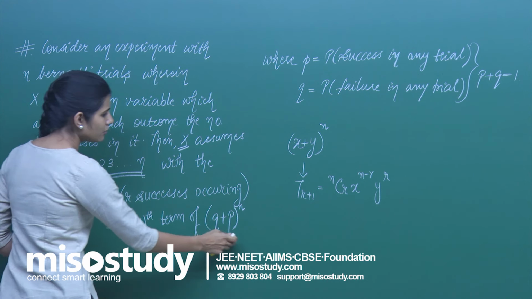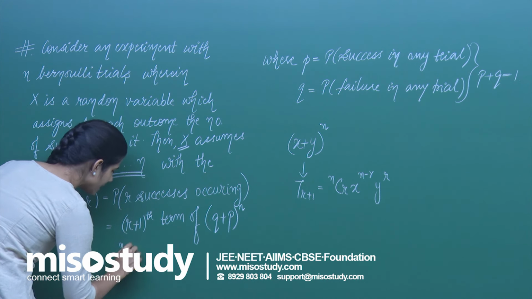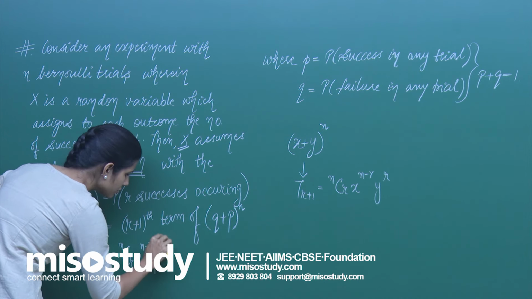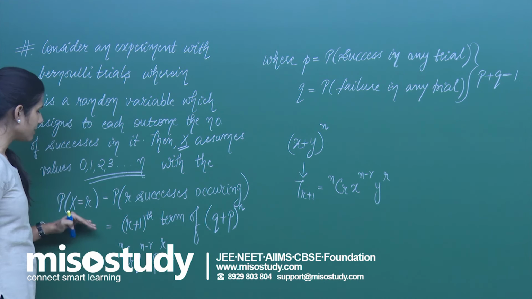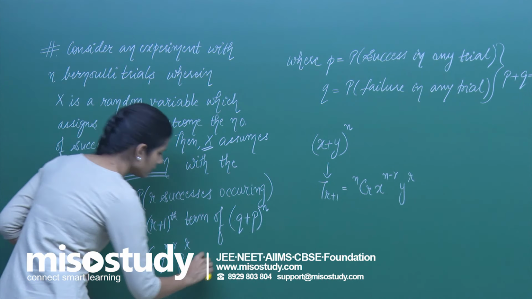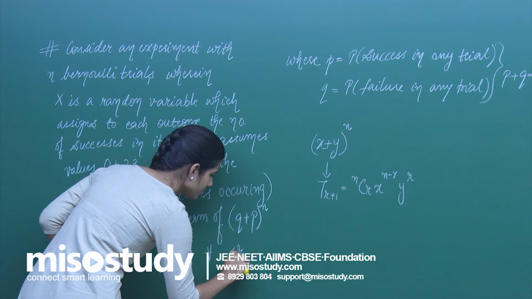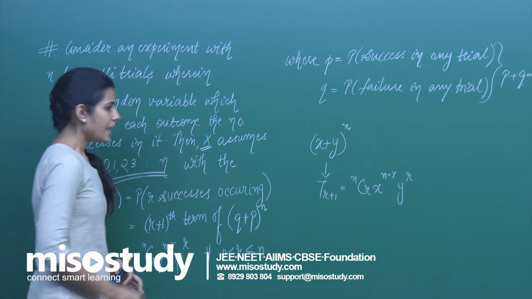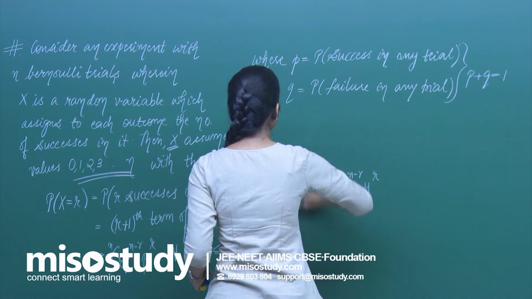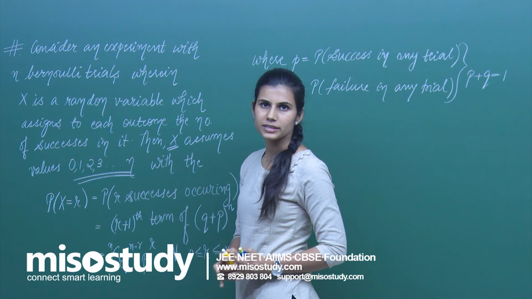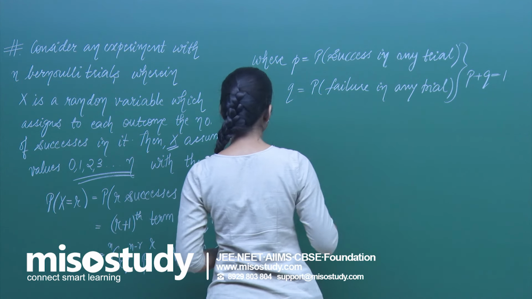So, the r plus 1th term of q plus p whole to the power n will be nCr q to the power n minus r p to the power r. This happens to be the probability of capital X equals r, and r is varying from 0 to n over all these values. And thus, once you have got all the values which capital X is assuming and you have also got their respective probabilities, you have actually got your probability distribution.